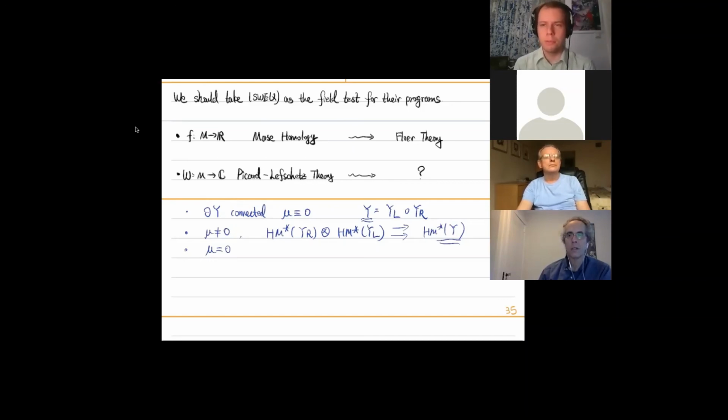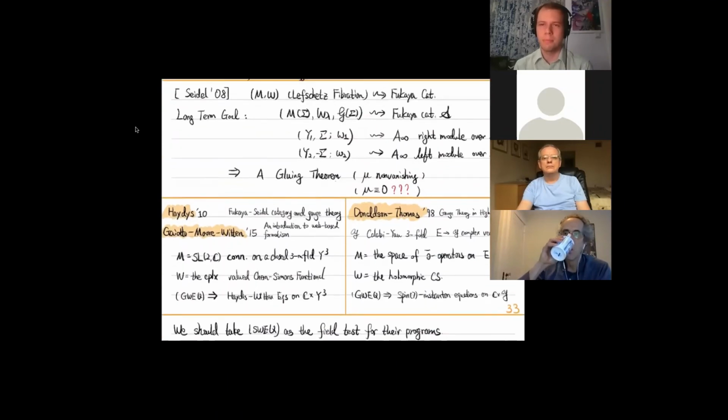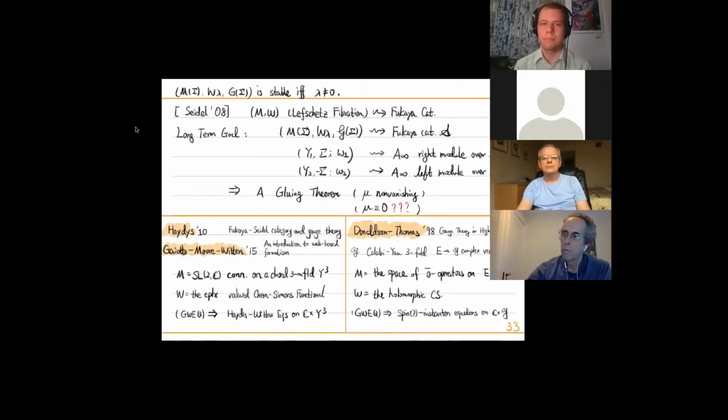So for mu equals 0, you do have a definition of the homology groups? Yes. So the heuristic is that A infinity modules are somehow A infinity functors from an A infinity algebra to the A infinity category of chain complexes.